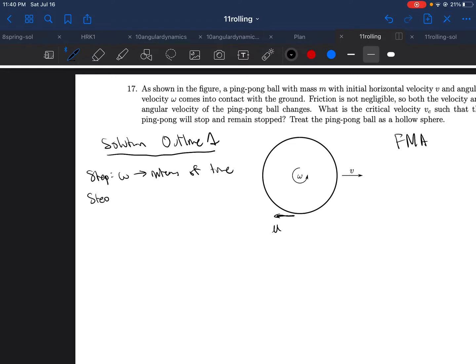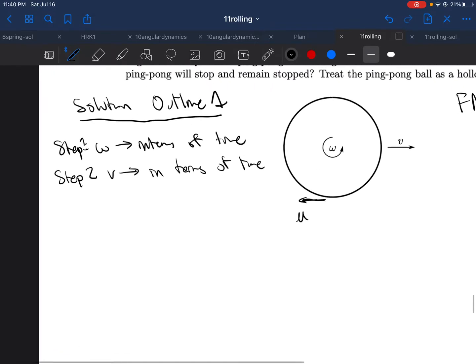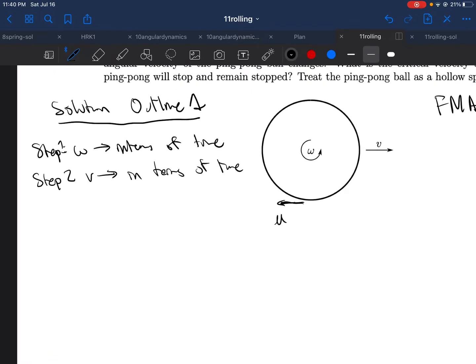Step 2, v in terms of time. And essentially you set these two equal. Set times equal and solve.